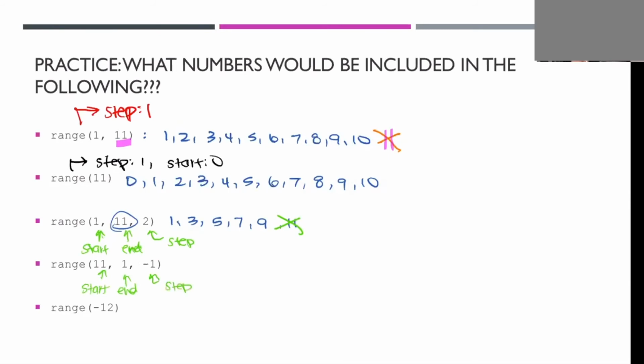What would this be? Very good. This is going to be 11, 10, 9, 8, 7, 6, 5, 4, 3, 2, and we're done because we don't want to include that 1 there. It's not inclusive.